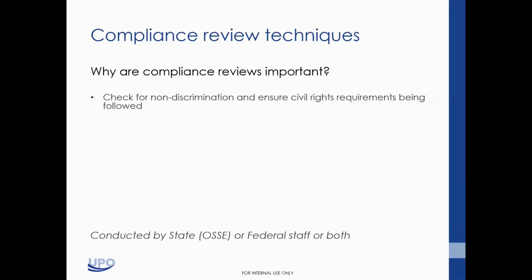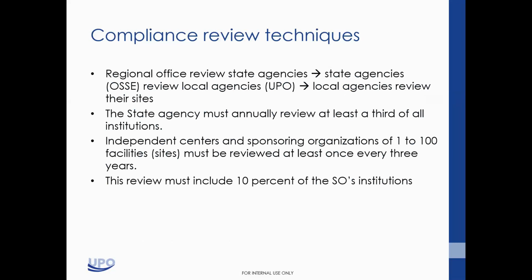So why are compliance reviews important? We need to check for non-discrimination and ensure civil rights requirements are being followed. So, review techniques. The regional office reviews state agencies, and the state agencies, like OSSI, review us.